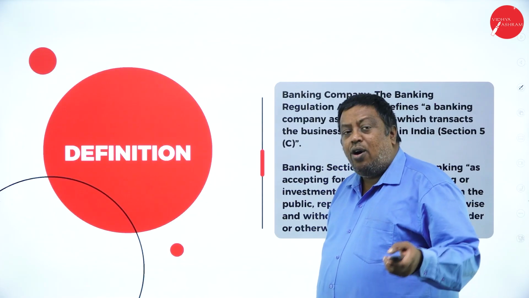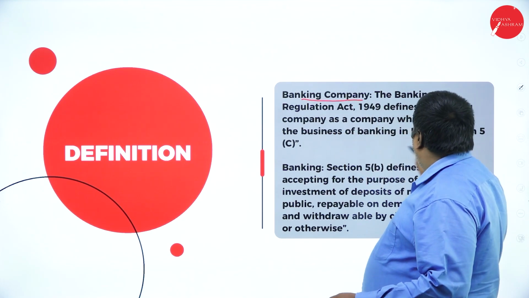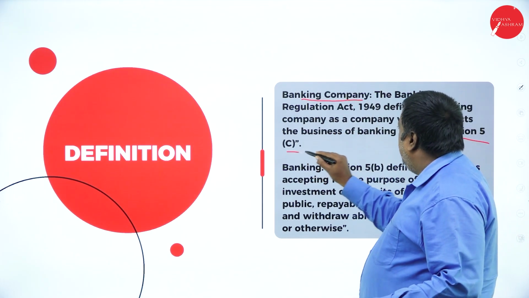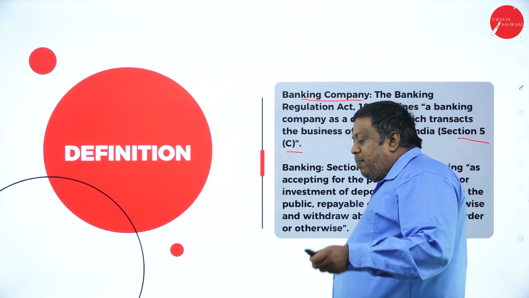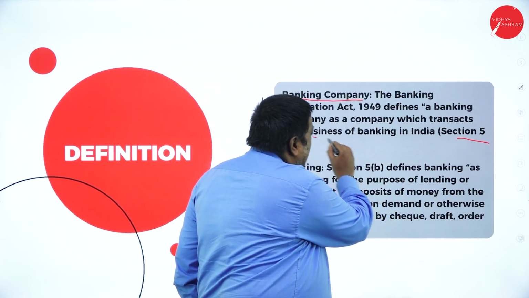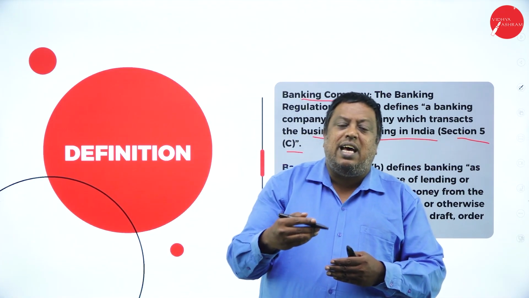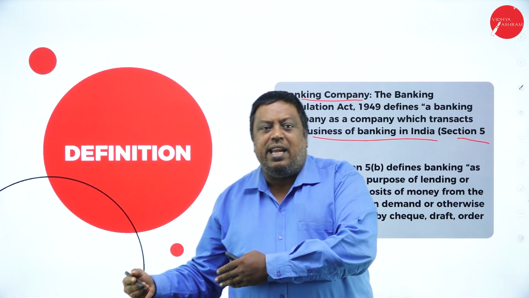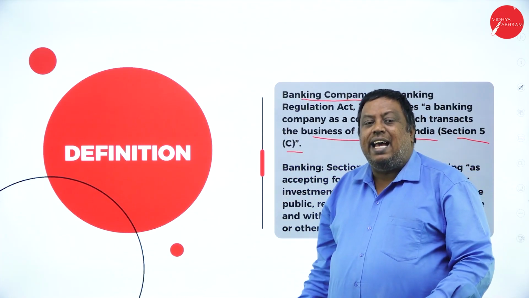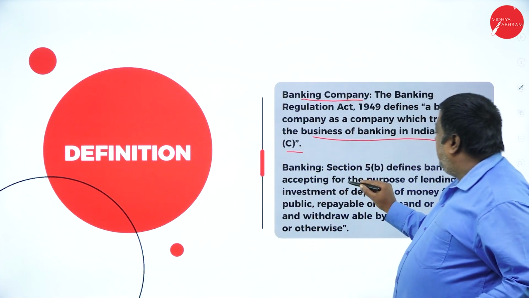The definition of bank or banking company we have under Section 5 sub-clause C. It says that a banking company deals with the business of banking in India and transacts related business aspects. In a simple way, it means accepting money and lending money.